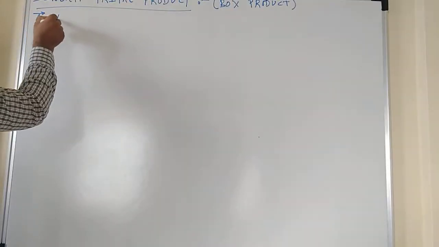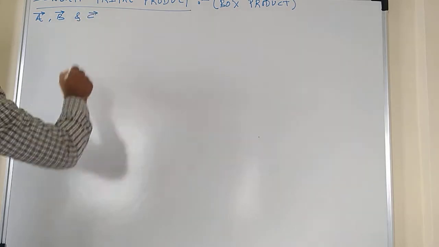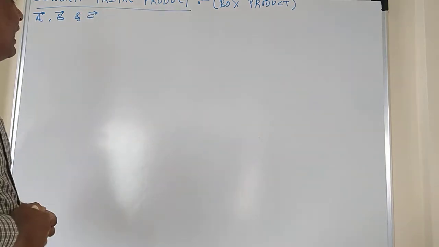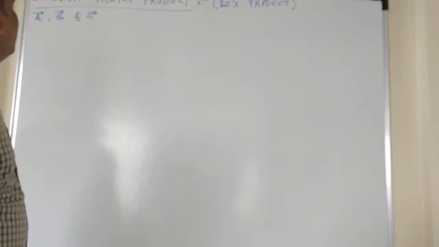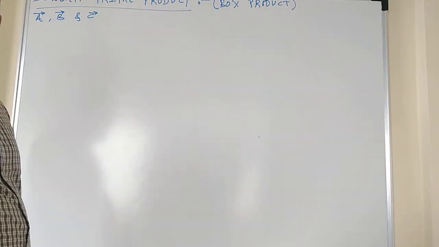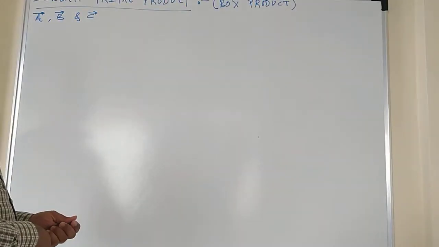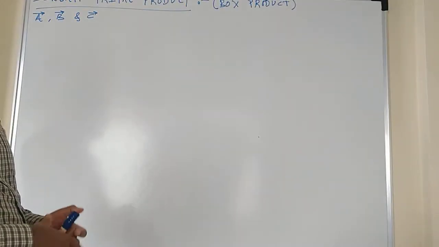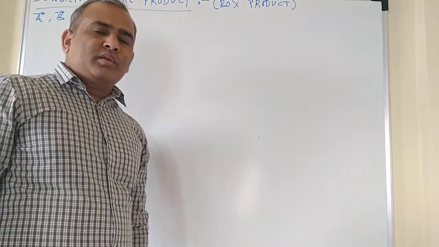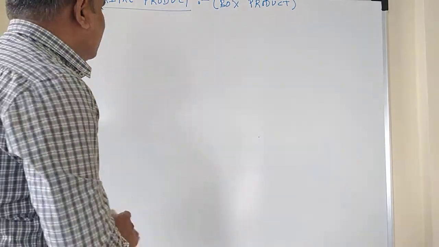Let us consider three vectors a bar, b bar, and c bar. If the multiplication of the three vectors is a scalar, then this kind of product is called a scalar triple product. Of course, if the product of three vectors is a vector, then it is called a vector triple product. Got it?